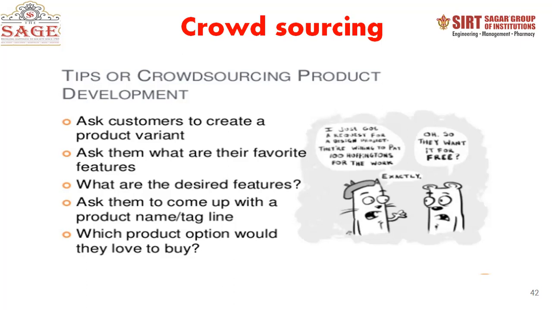An organization can run a survey to know the views of the customers and ask them what their favorite features are. Sometimes when you go to a TV mall or supermarkets or Vishal Mega Mart, they provide you a small form to know your views about their products, with different kinds of questions, and on the basis of that survey they make some decisions.